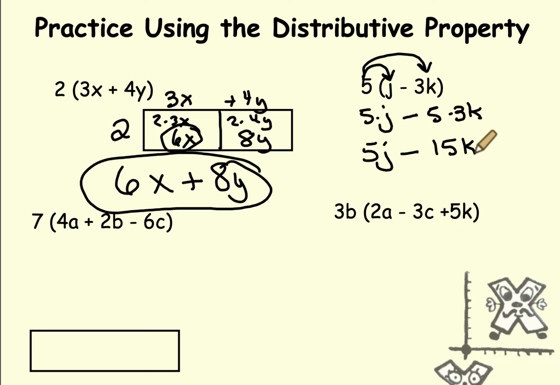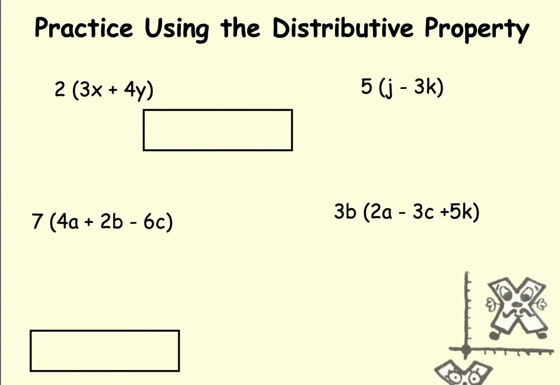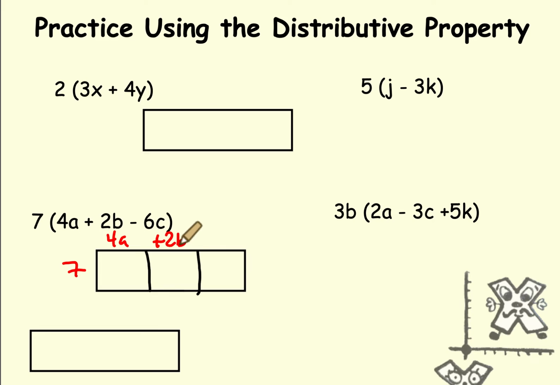Now, in the bottom two, we see that we have 3 terms to distribute to. If there are 3 terms to distribute to, we have to make sure that we distribute to all 3 terms. I'm going to use the box on this one. What am I distributing? I'm distributing a 7, to 4a plus 2b minus 6c.